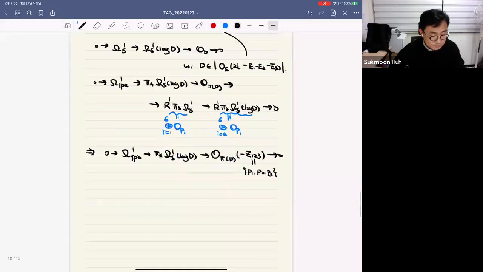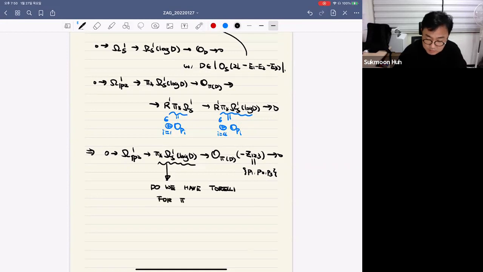Okay, so the question is, can we still expect to have a totally positive answer to the Torelli question for this push forward, as D runs over the linear system 2L minus E1 minus E2 minus E3?